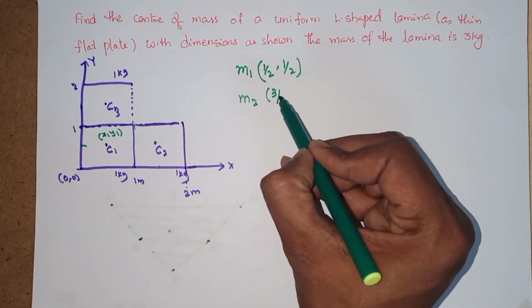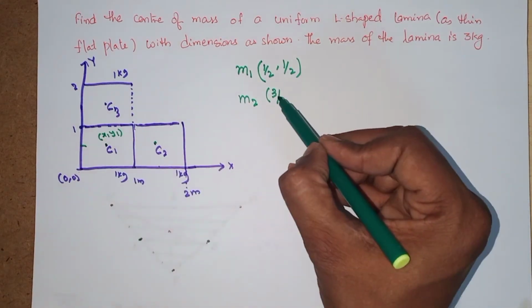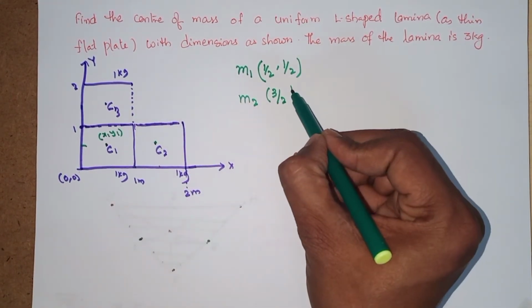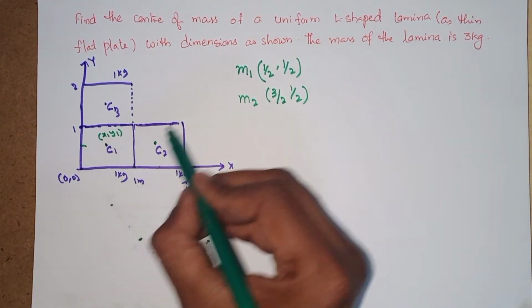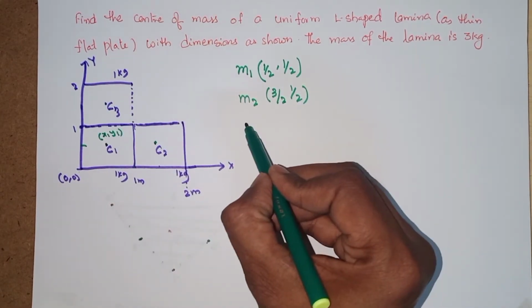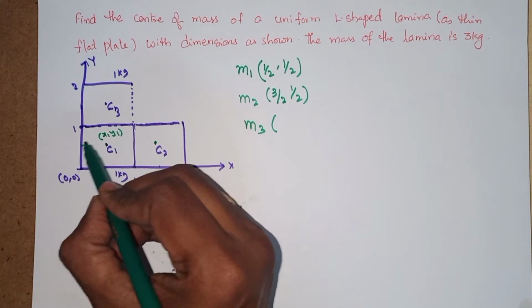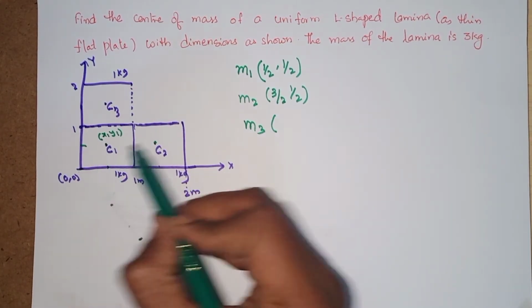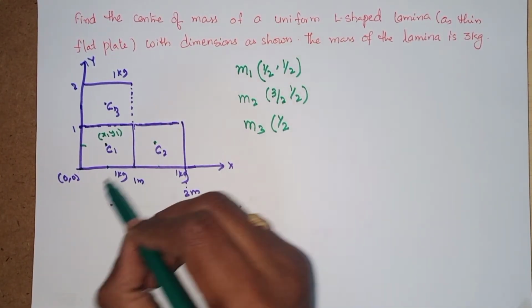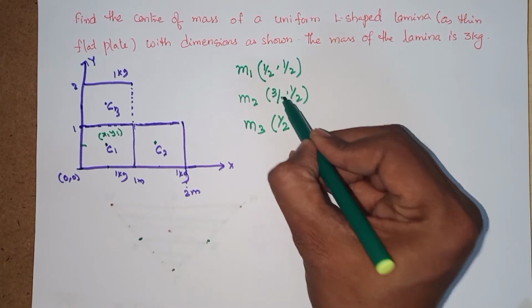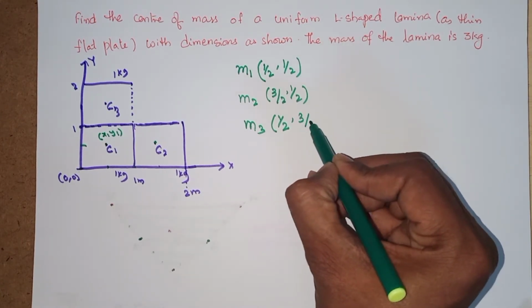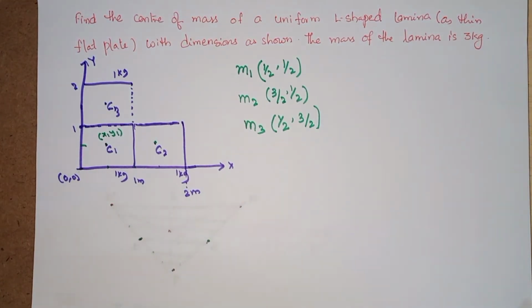And vertically, it has half. M3 is this. So the x coordinate is half, and the y coordinate is 3/2, right? M1, M2, M3.